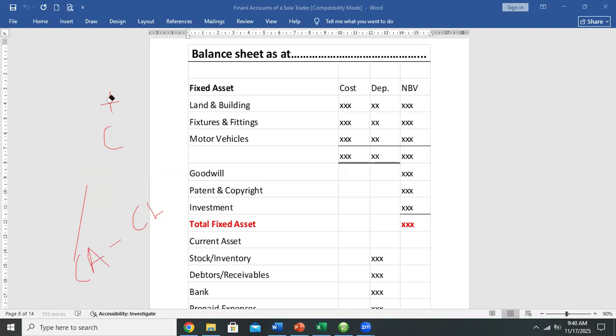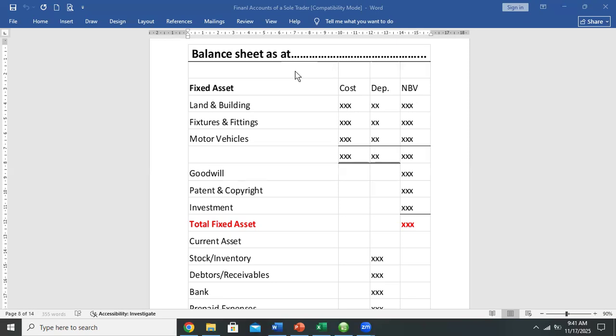So please, when you start your balance sheet, as always, you need a heading, and that is balance sheet as at. The reason why it has "as at" and it's not like the trading profit and loss account, which is for the year ended, is that the balance sheet is giving you the state of capital, fixed assets, current assets, liabilities from the day of commencement of business to the reporting period.